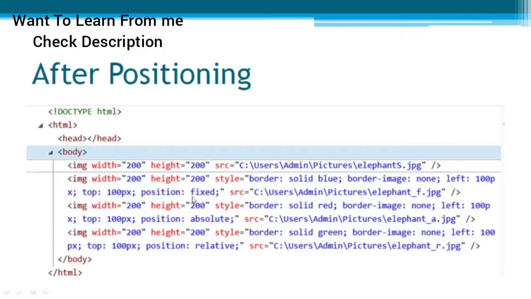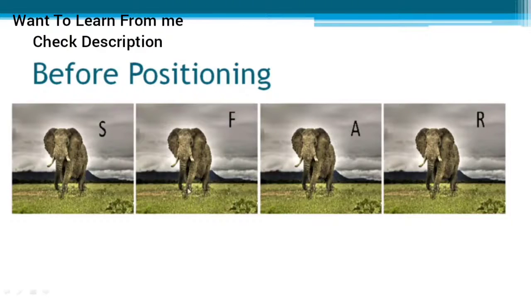if we specify this image to be fixed with the top and left to be 100 pixel, then we know when it is fixed, it is going to consider the top left of the browser window, and from there it will move itself 100 pixel to the left and from the top 100.